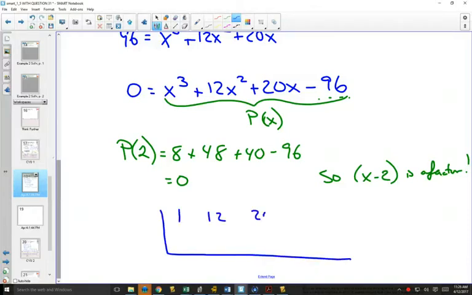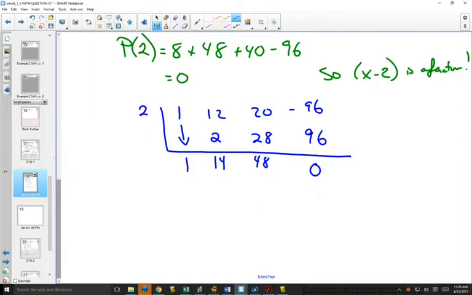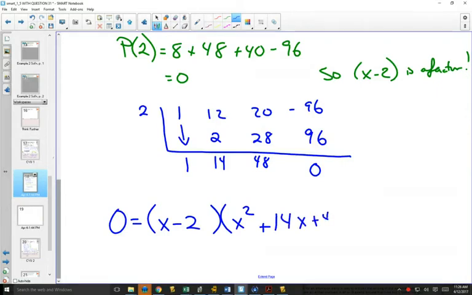So we have 1, 12, 20 and minus 96, and we would have a positive 2 out front, bring down the 1. And sure enough, we get a remainder of 0. So now we can say that our original equation, 0 equals, we can factor out an x minus 2, and we're left with x squared plus 14x plus 48.